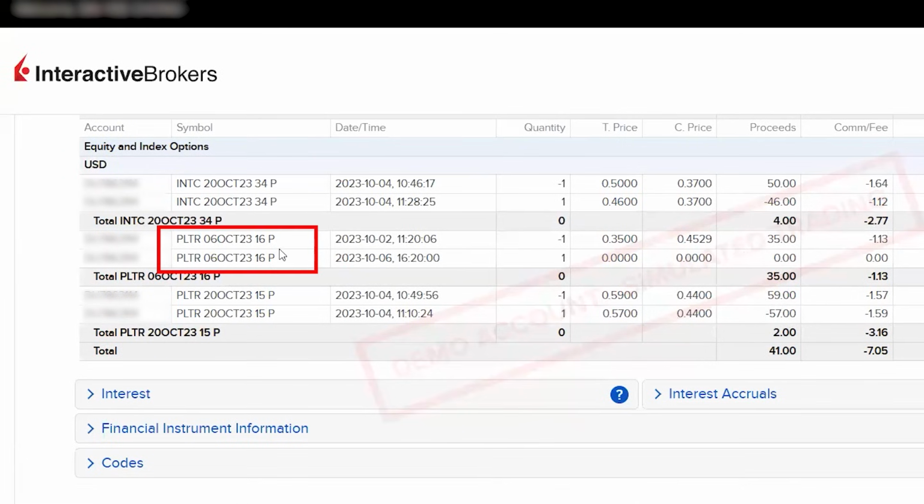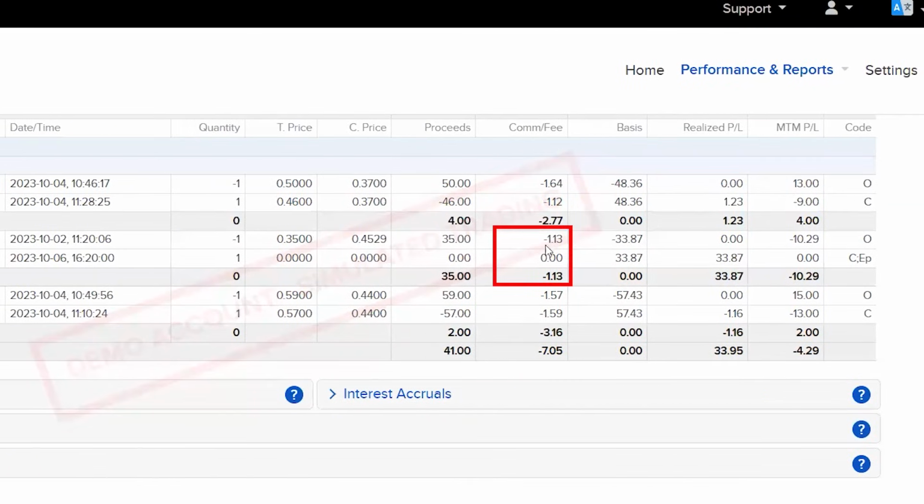Okay, whereas for this trade that expired, upfront we had already collected $35 as premium, but then we didn't do anything, we just let it expire. So there was no trade executed. You can see here the commission fee is actually zero. So only one trade was charged for the commission. When we take the premium minus the commission, this is the realized profit that we gain.